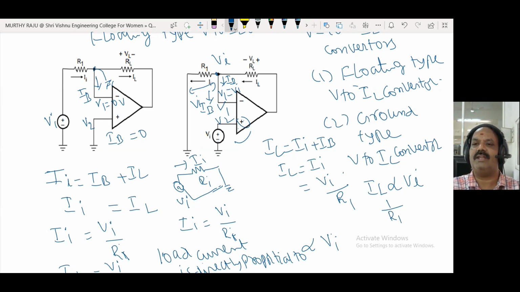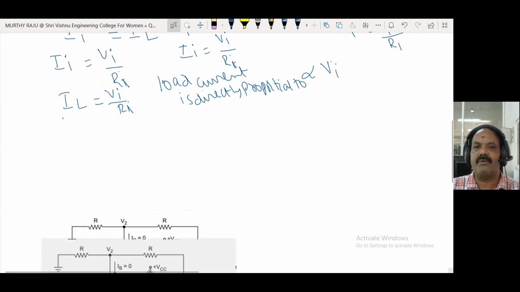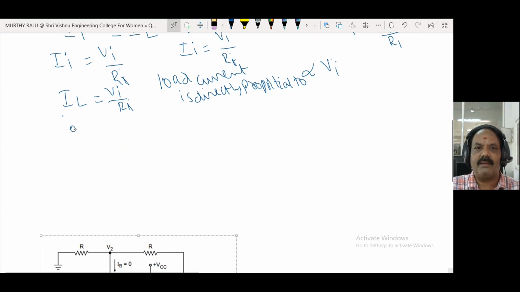See the voltage to current: current is obtained due to input voltage. Suppose the load is a capacitor.